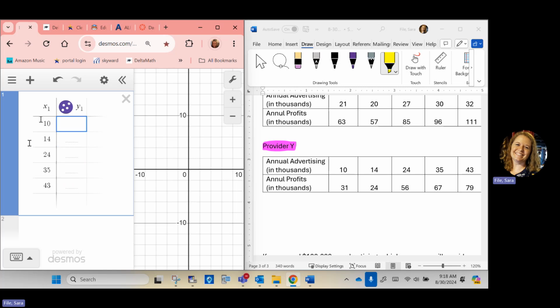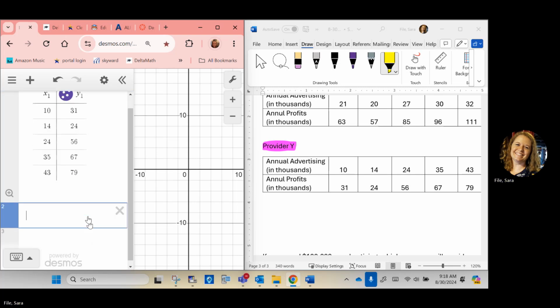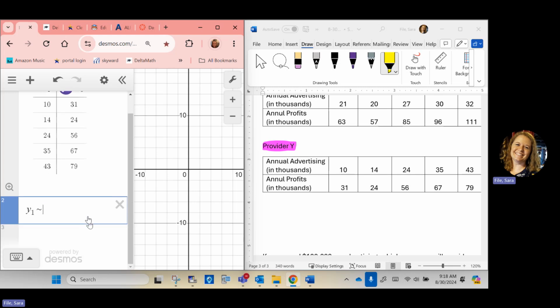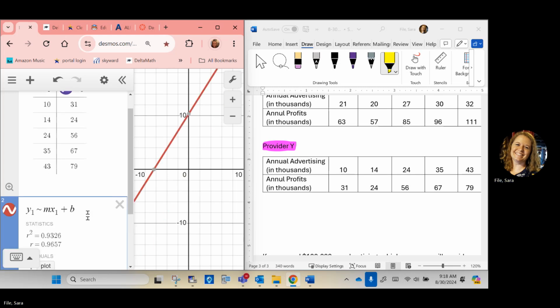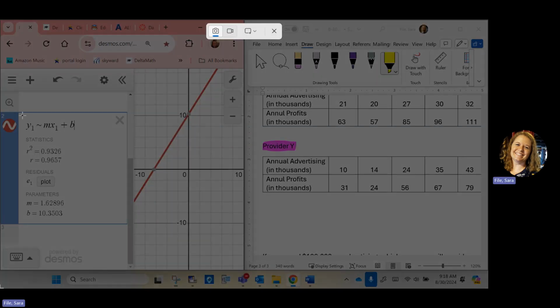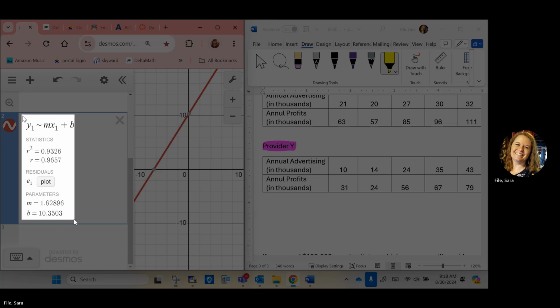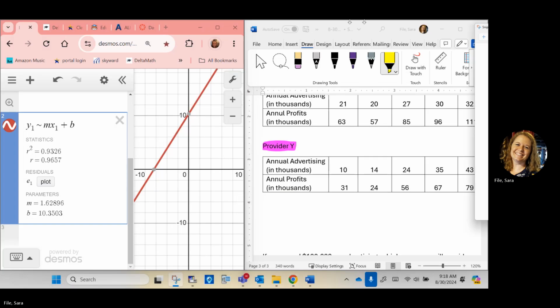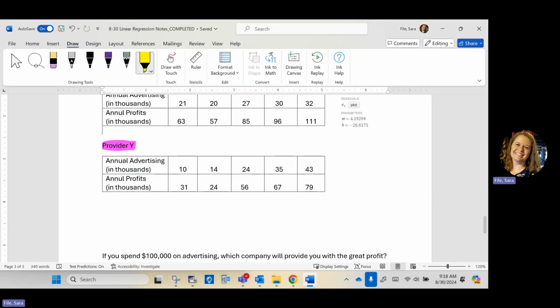And then we've got 31, 24, 56, 67, and 79. Y1 tilde mx1 plus b. All right, so now let me grab that information.